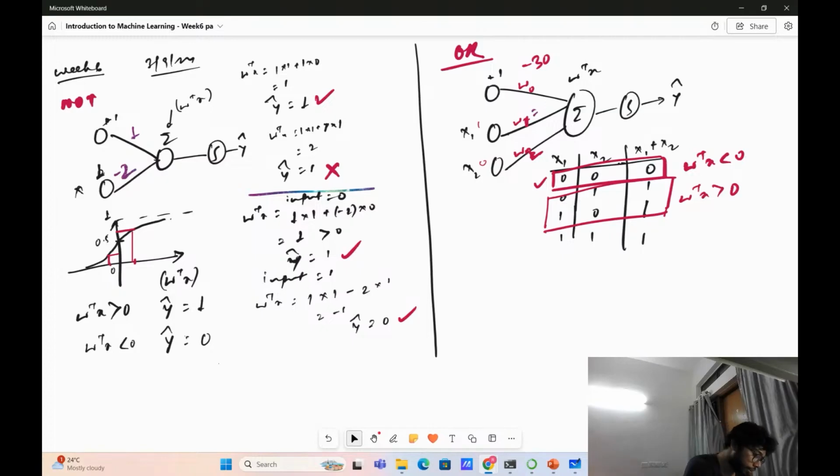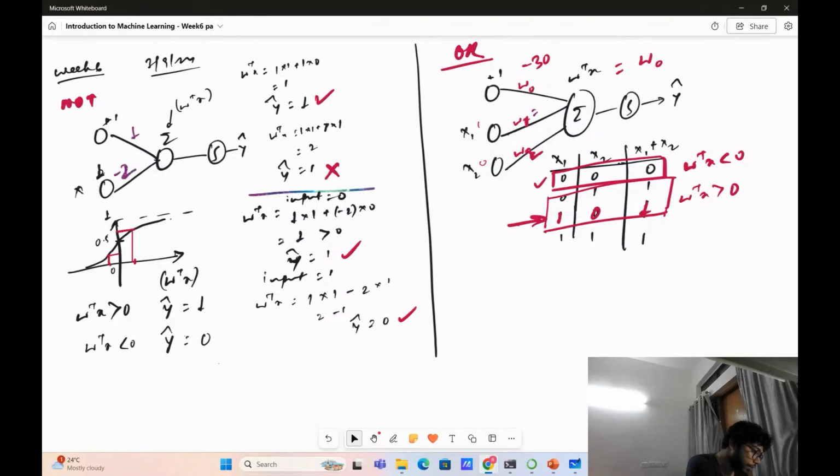Let me restate my statement. In this case, x1 is 1 and x2 is 0. We are talking about this case now. What is my W transpose X?